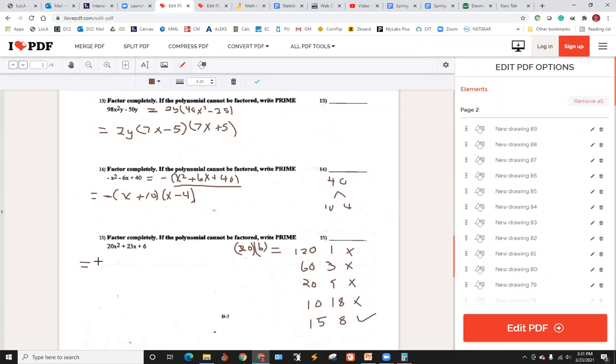So now we're going to rewrite this with 4 terms. It doesn't matter which one goes first. It'll still work out if you put the 8 first. So we're going to use our factoring by grouping.